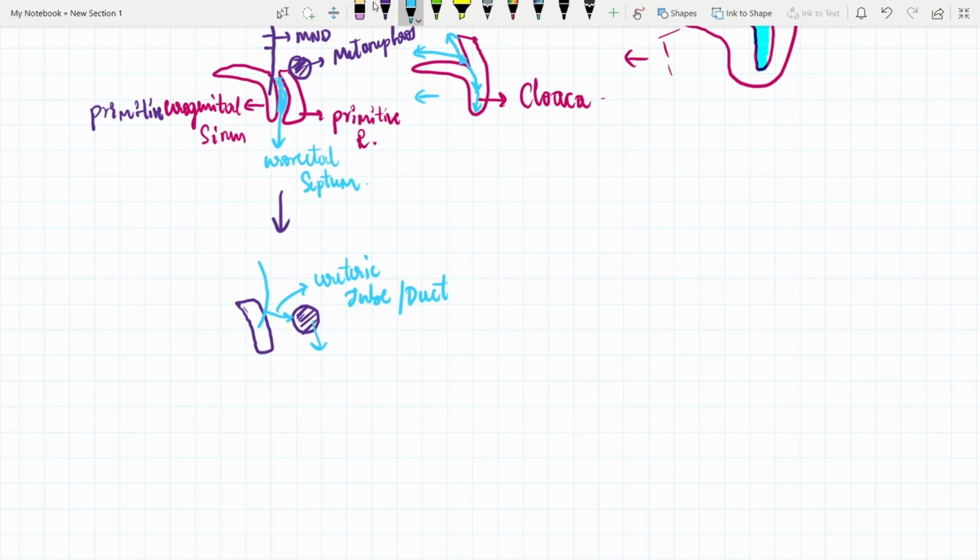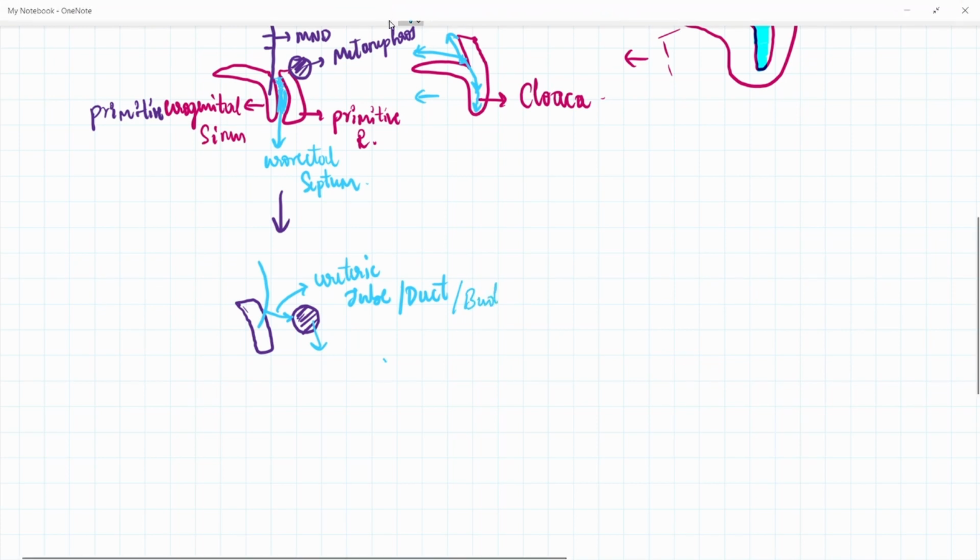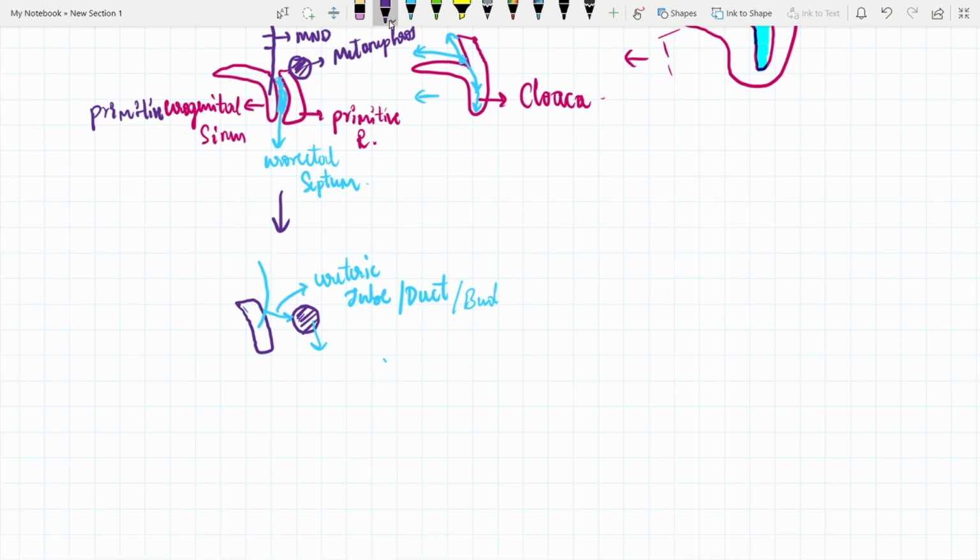What happens is, suppose this is ureteric duct or bud, you can call anything. This ureteric tube, which is developing from the mesonephric duct, will develop towards metanephros, right? Metanephros.